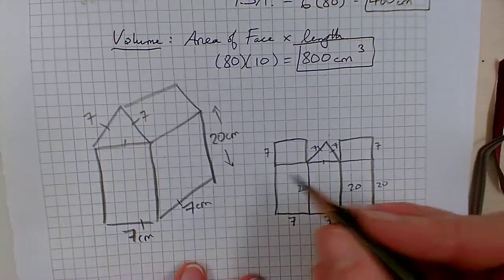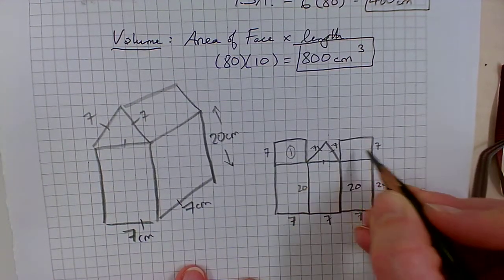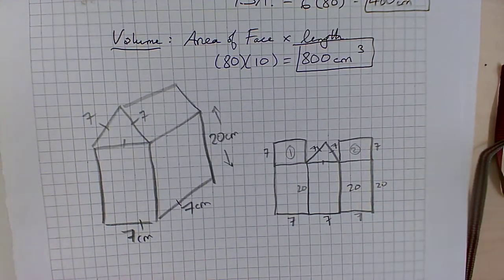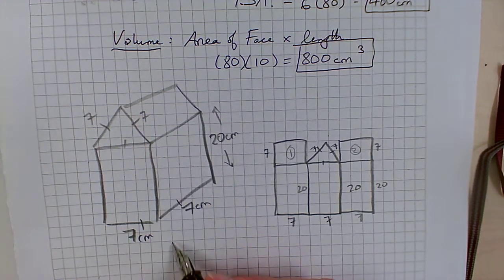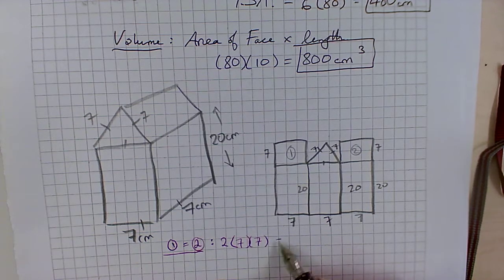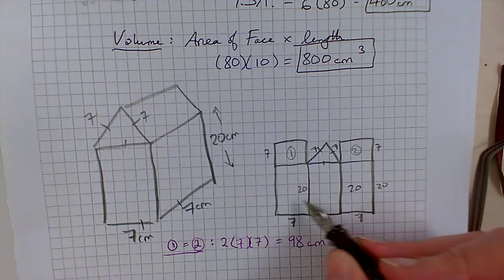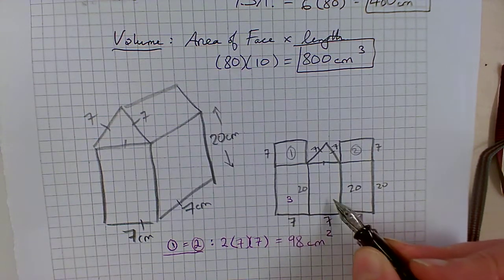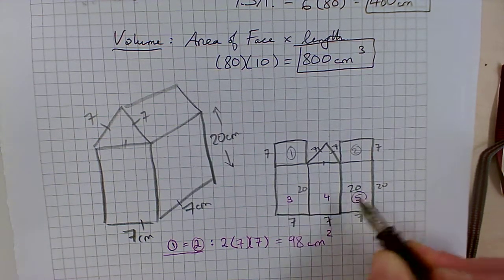And we have, let's label them 1 and 2. So those two rectangles are the same. And if I'm doing their surface area, 1 and 2 are the same, so the surface area will be twice that. Let's call these 3, 4 and 5, and they're all the same as well.